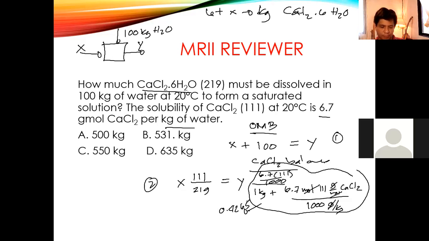So, ito tayo sa equation. The first one is 1, tapos negative 1, tapos negative 100. Be careful with the sign. Tapos, yung una, that's 111 divided by 219.